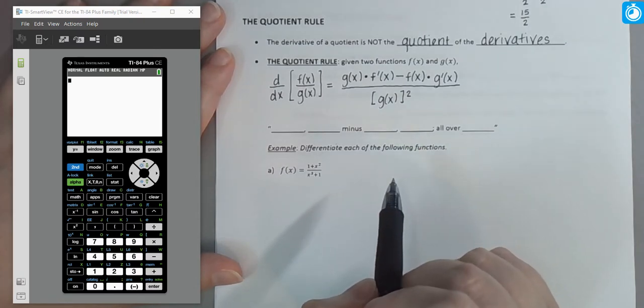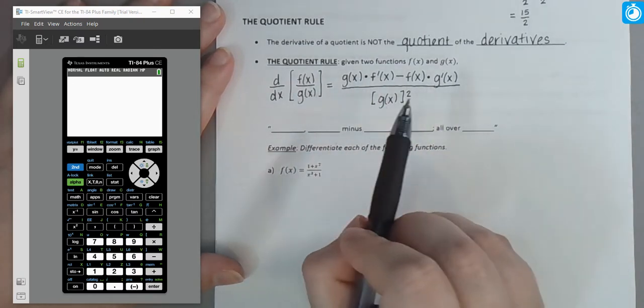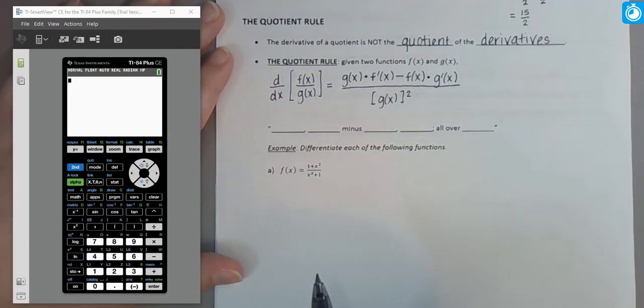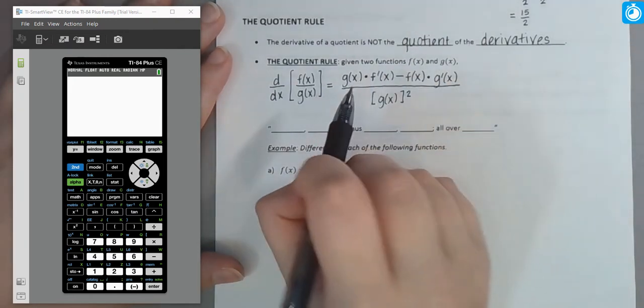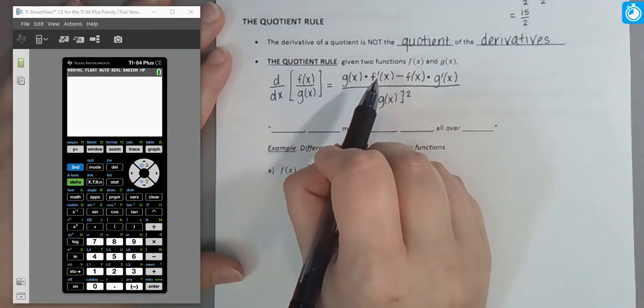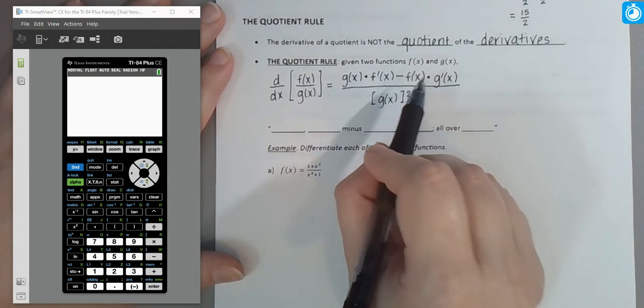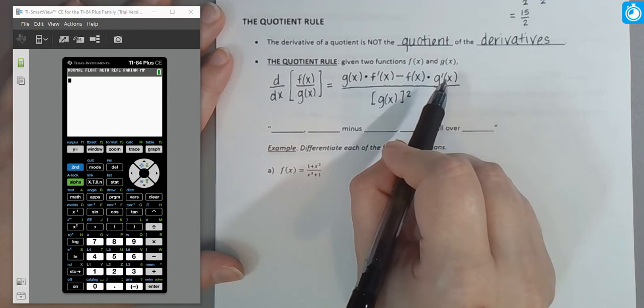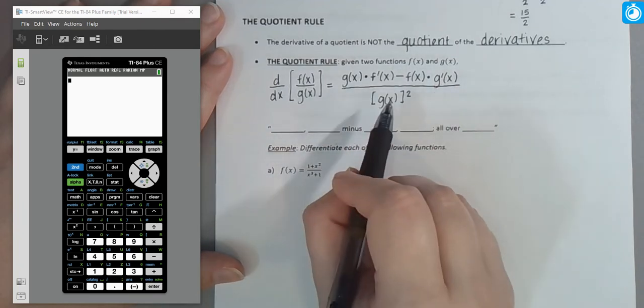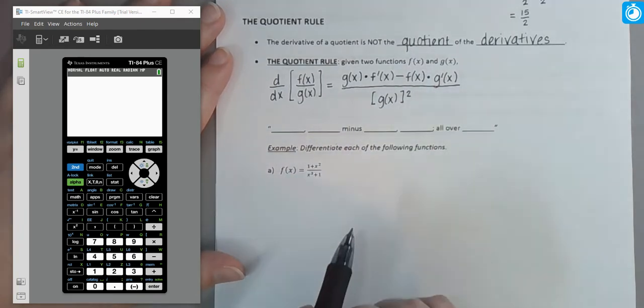Okay. Now, how do you remember this formula? I have a shorter way for you to remember it. Lower function times the derivative of the upper function minus the upper function times the derivative of the lower function, all over the lower function squared.